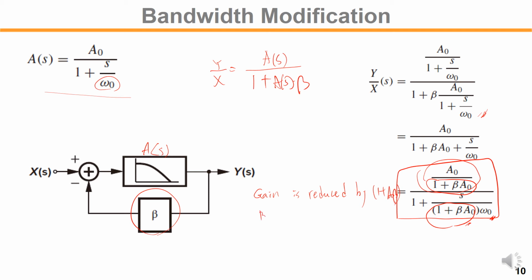The bandwidth is increased by 1 plus A0 beta, right? So let's see this characteristic in the frequency response in the next slide.